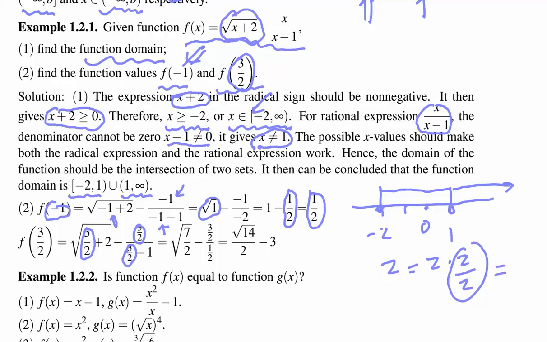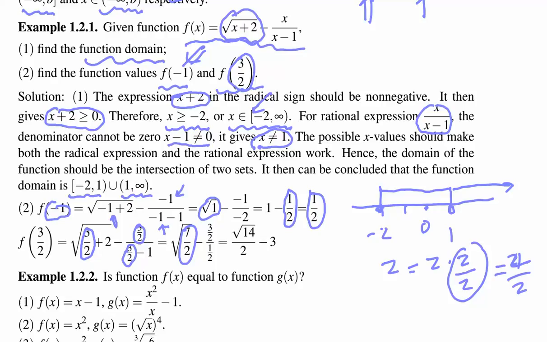Then you have 2 times 2 is 4 over 2. So 4 over 2 plus 3/2, you have a 7 over 2 inside the radical sign.